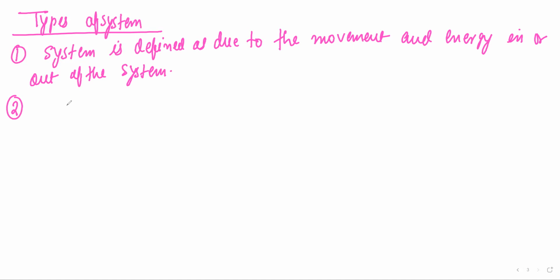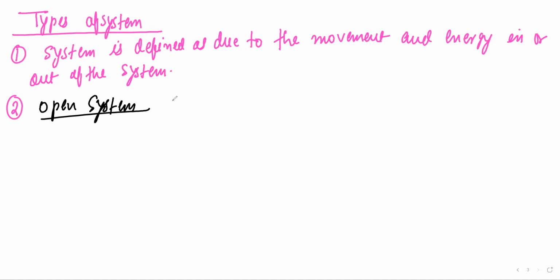The first type of system is the open system. Let's see the definition. In an open system, there is exchange of energy and matter between system and surrounding.